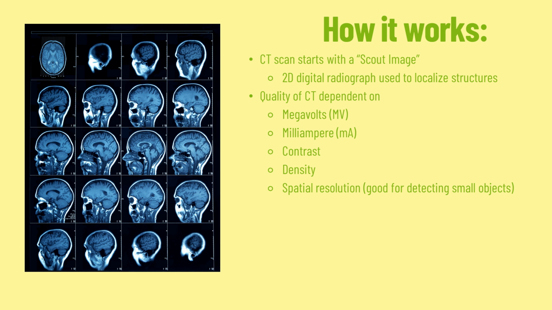The spatial resolution essentially is depicting whether we're going to have a large amount of volume and image in the photo, or a smaller image in the photo. So the spatial resolution is good for detecting smaller objects. When we're looking at something like a small joint, the slices that the CT scan is taken in are going to be smaller because of the anatomic structures being so congruent in that area.